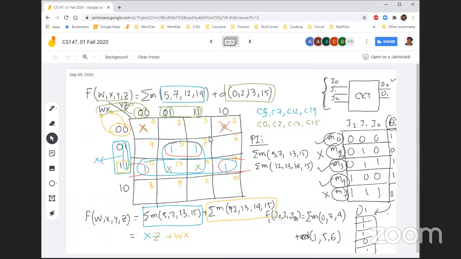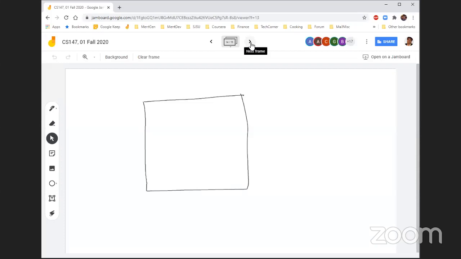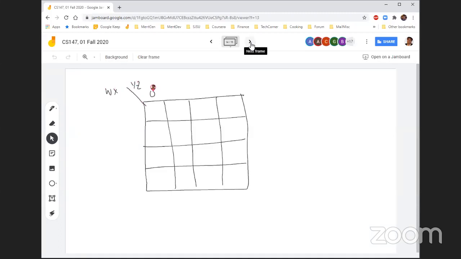A 4 by 4 map. 0 0 0 1 1 1 1 0, and this is 0 1 2 3 4 5 6 7 8 9 10 11 12 13 14 15.